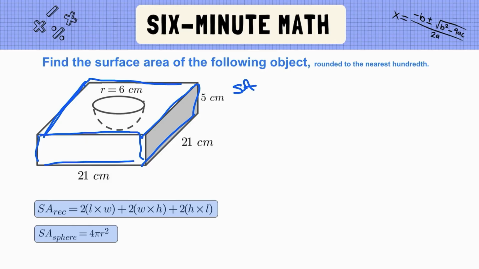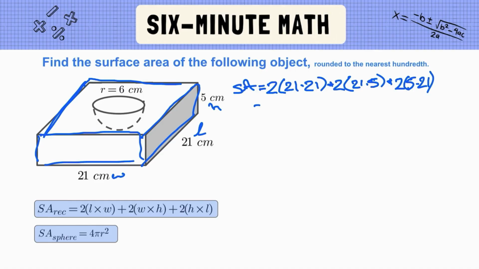So we have surface area is length, width, and height. 2 times 21 times 21 plus 2 times 21 times 5 plus 2 times 5 times 21. 2 times 21 times 21 is 882, plus 2 times 21 times 5 is 210.